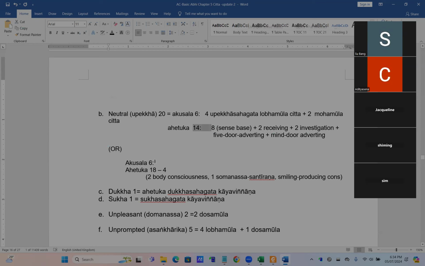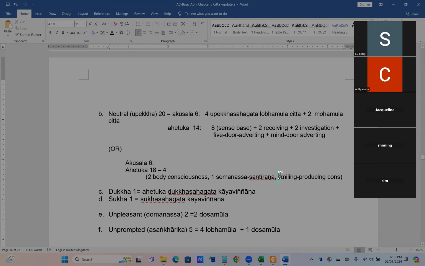The best way is, instead of getting 14, you know Akusala is 6 here, already have the 6. Ahituka is 18. So 18, you just minus the feelings where there is no neutral. This means that 2 body consciousness will be the dukkha and sukha, and 1 somanasa santirana, investigating with the pleasant feeling, and smiling producing. So you just minus these 4: 2 body, 1 somanasa santirana, and 1 smiling.